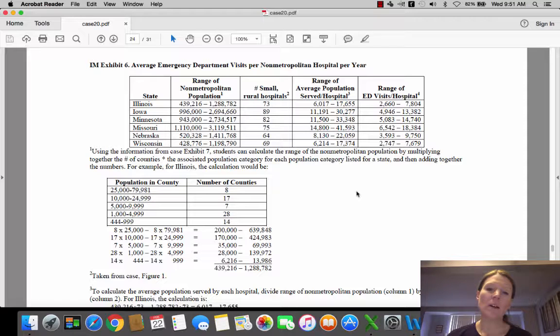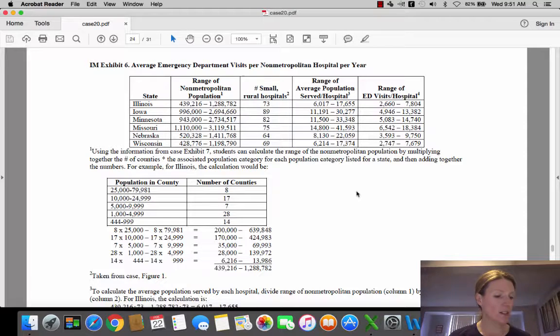And so what you wanted to do was take some of those case study exhibits and figure out approximately how many hospitals, what is the range of population, range of ED visits, those types of things, and break that down.